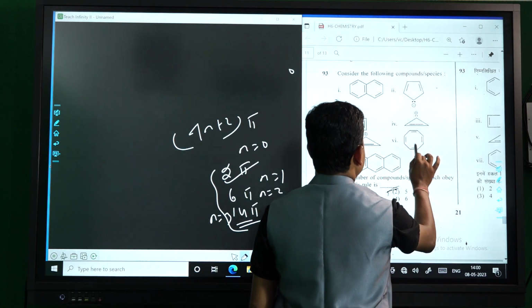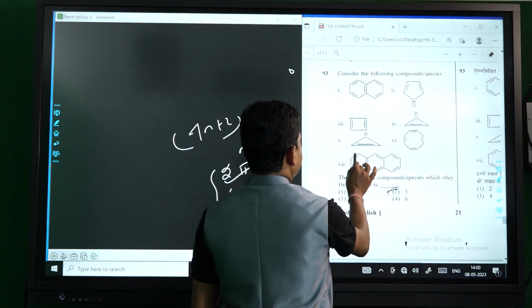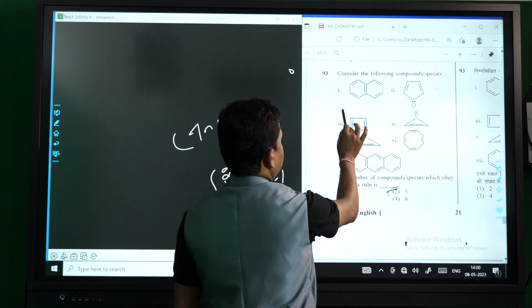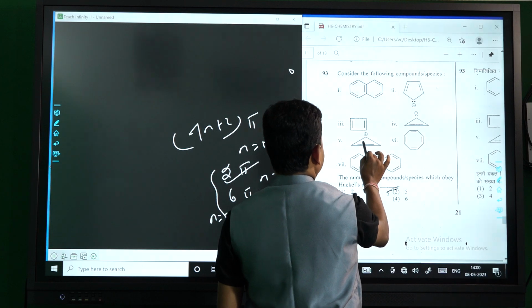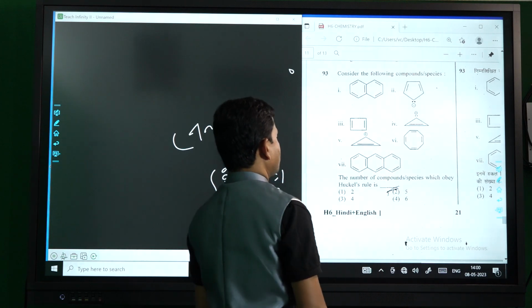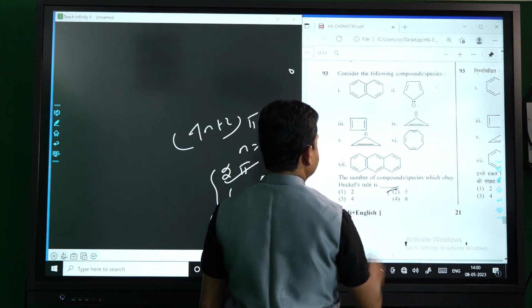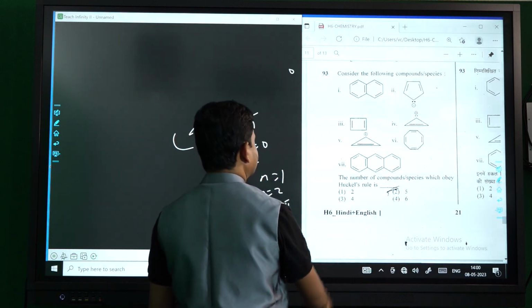So 4 compounds or species obey Huckel's rule. So option 3 is correct.